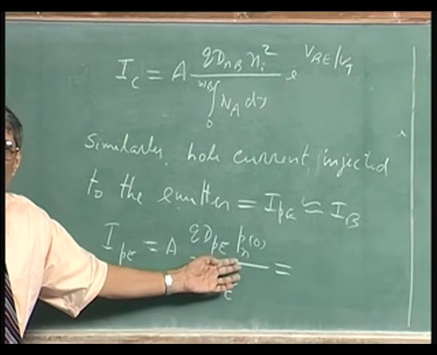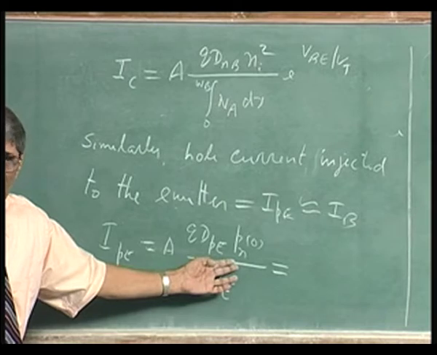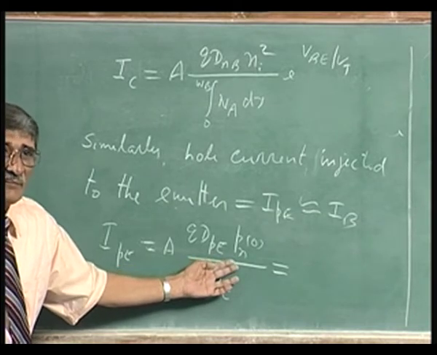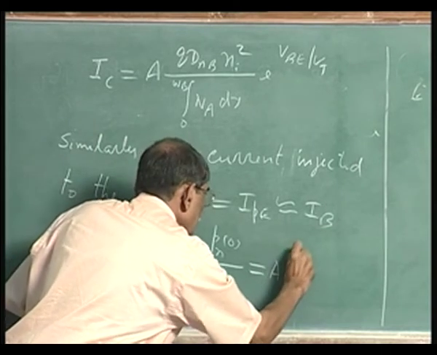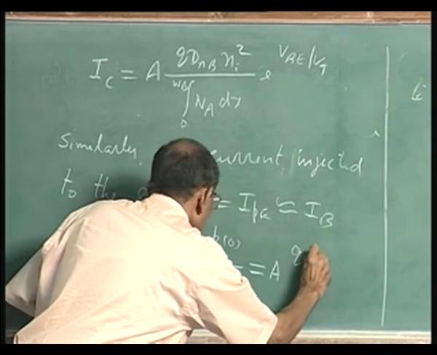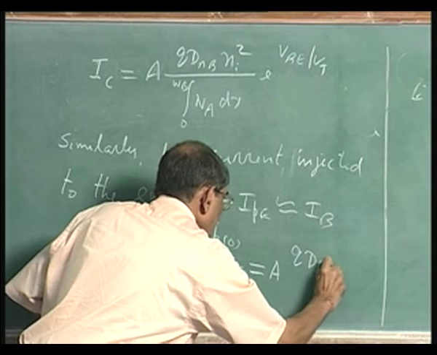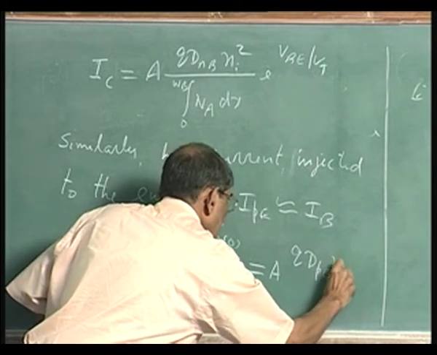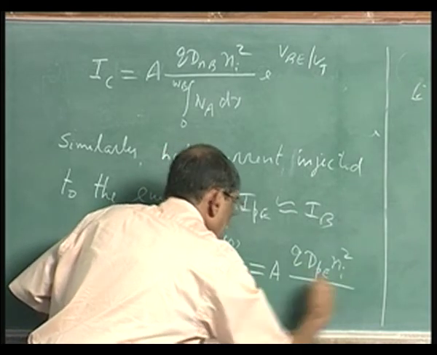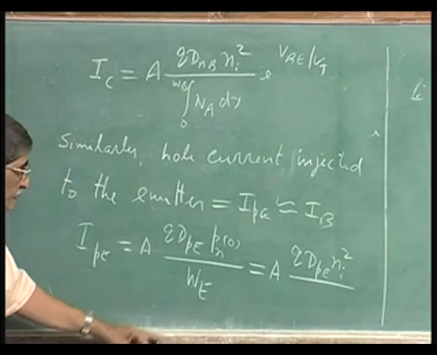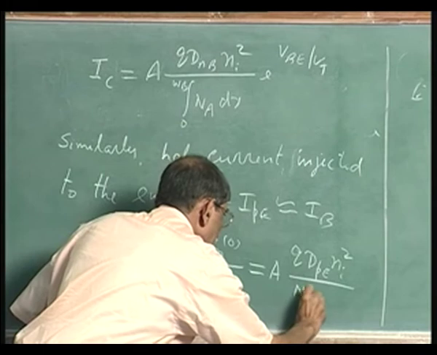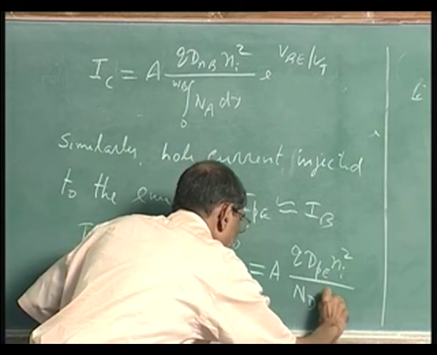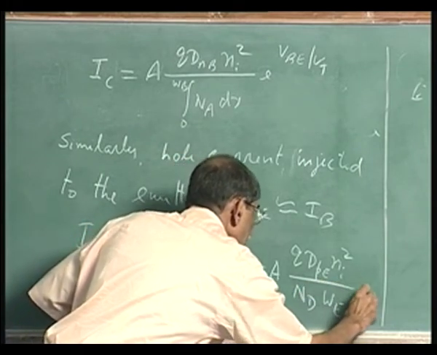Okay. So, this I can write as, Pn0 is Pn bar e to the power of VB by VT. Pn bar is actually Ni square divided by Nd. So, this will be area, I will skip steps and put it as DPE Ni square divided by Nd into WE.